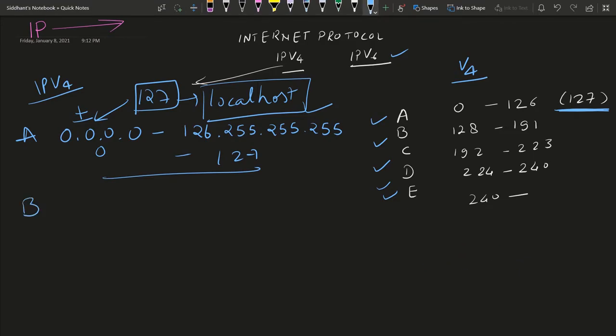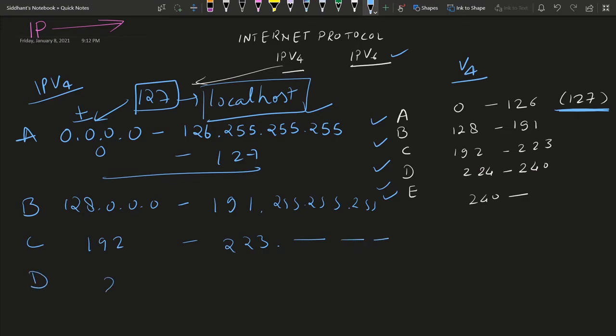Now class B comes, where IP addresses start from 128.0.0.0 and go to 191.255.255.255. Then class C goes from 192.0.0.0 to 223.255.255.255. Then class D goes from 224 to 239, and class E goes from 240 to 255, which is the maximum.